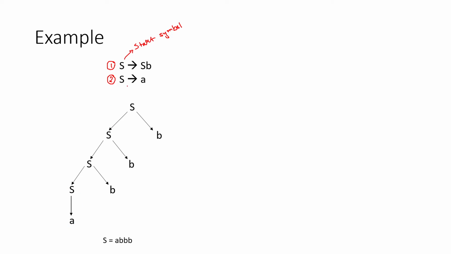That means I have used rule number 1 first, then again rule number 1 for this part, then again rule number 1, and then rule number 1, and then we have used rule number 2. So this is the order of using rule numbers for producing some string.